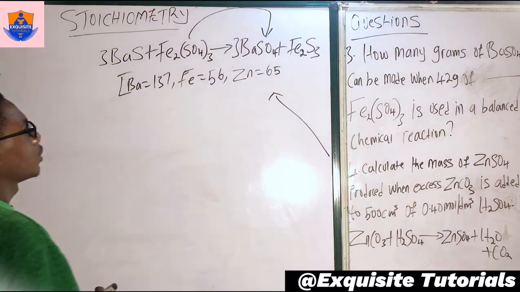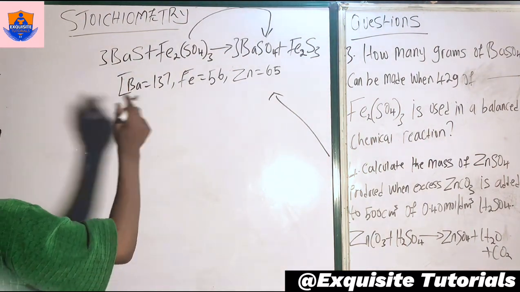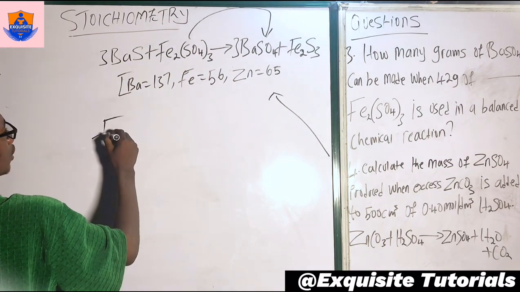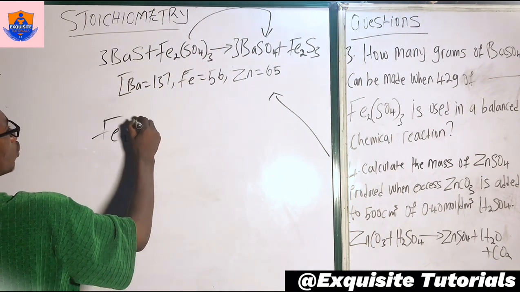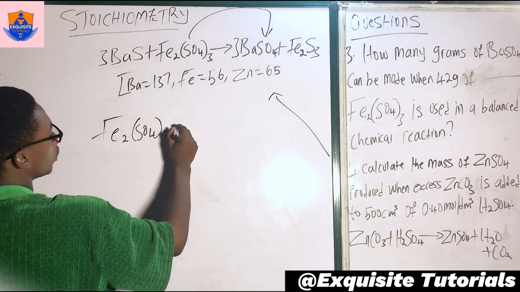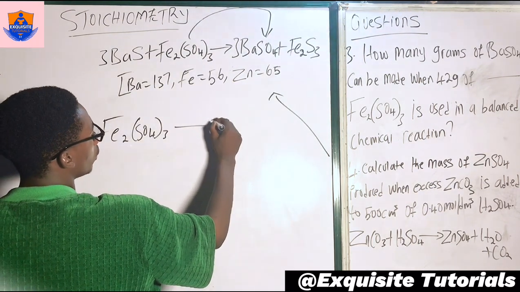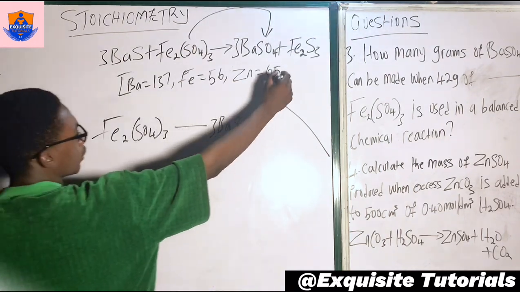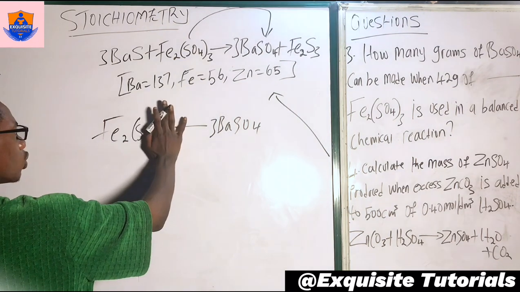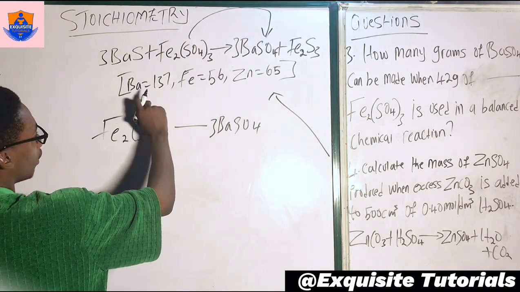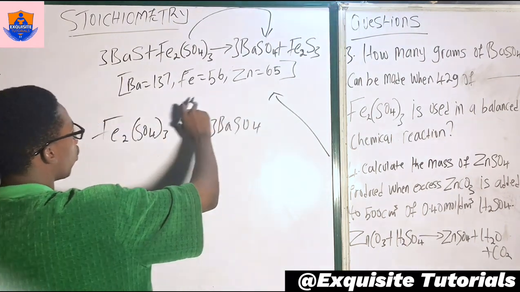Okay, while comparing these two, we have to bring them out. We have Fe2(SO4)3 and 3BaSO4. Now the difficult part, the elements with their relative molecular mass, are given or are to be known.